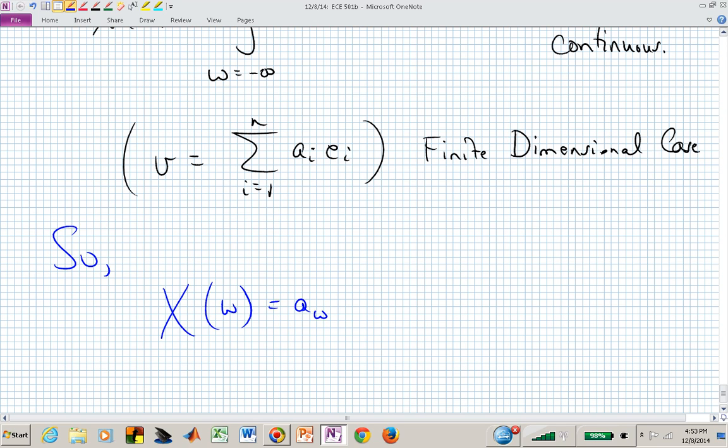Capital X of omega is now these coefficients, so if you give me the coefficients, I can tell you what that signal was. So those are the A sub omega's, which we were saying were this integral from t equal minus infinity to infinity of x of t e to the minus I omega t dt.